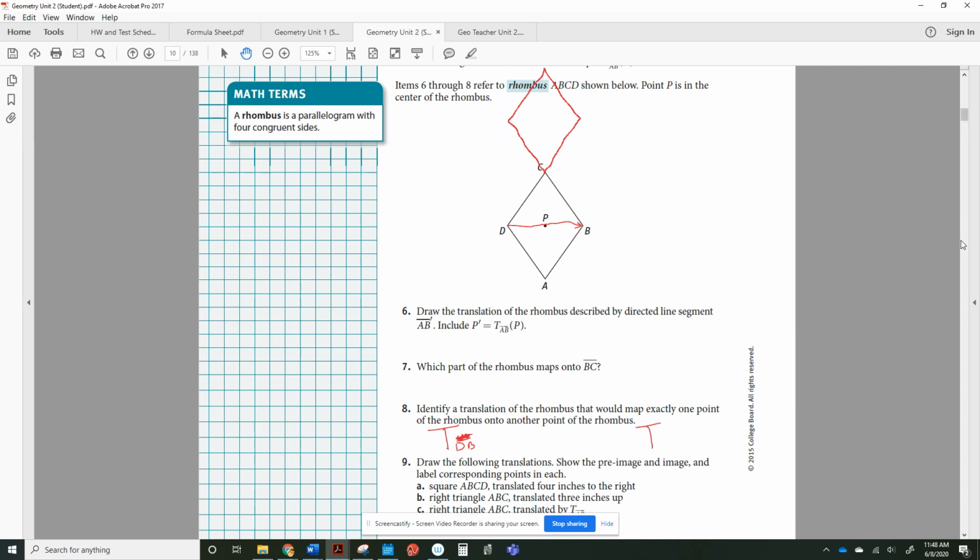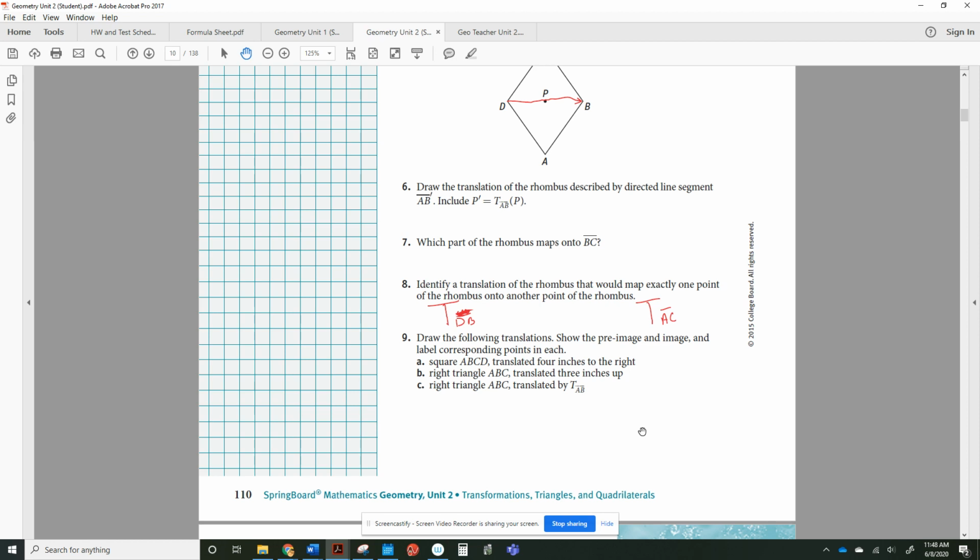That was a translation. And I started it off down here at A, and I moved it until I got to C. So I started at A and I stopped at C. So those are two examples.